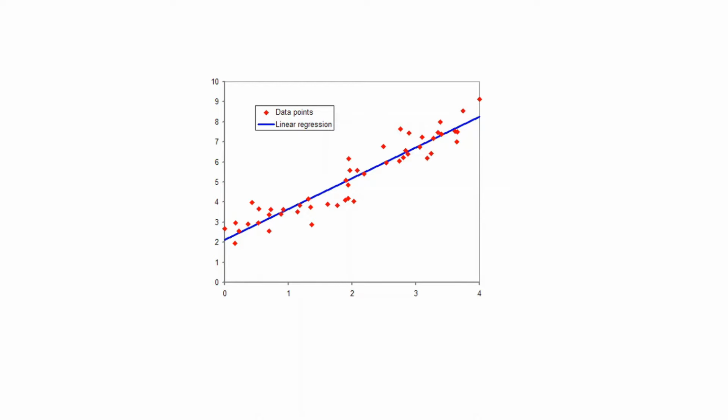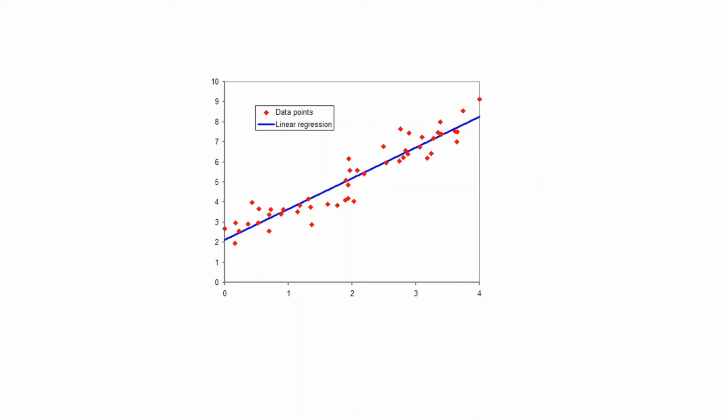Now this is a schematic of your experimental data, and this blue region is the fitted data. This is a schematic of what the meaning of linear regression is.